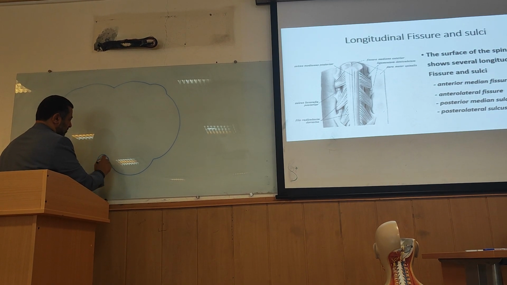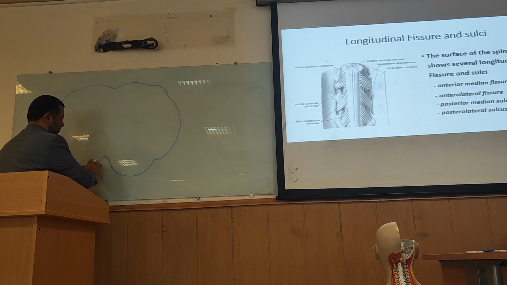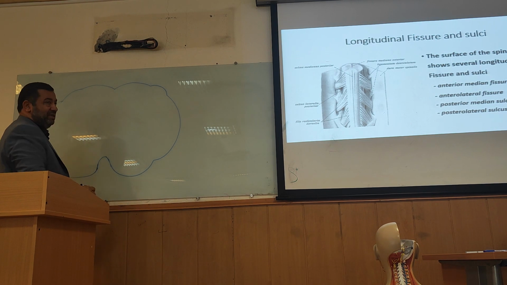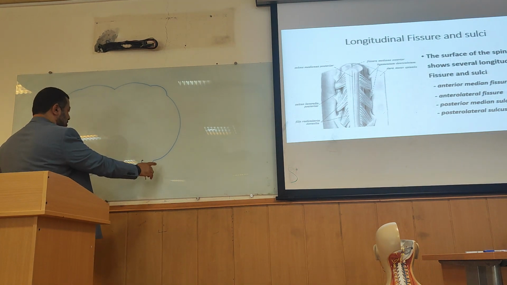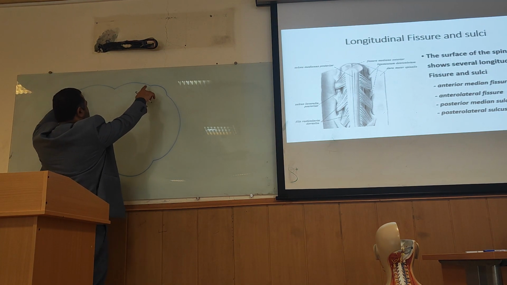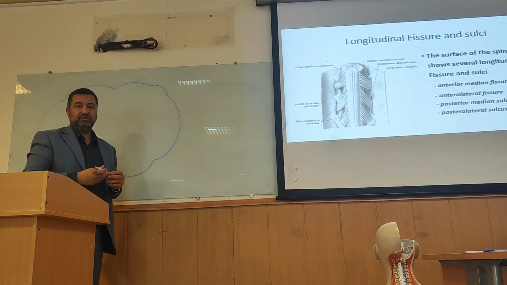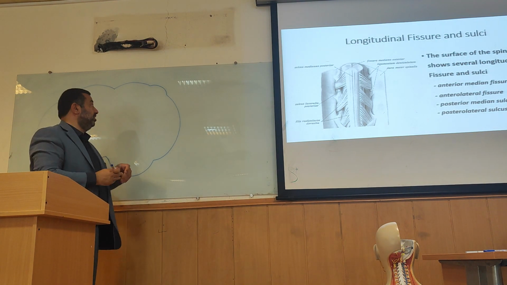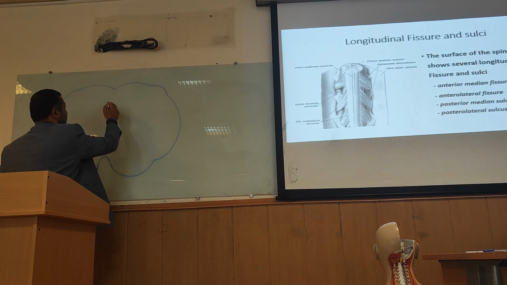Here is anterior median fissure. These are anterolateral sulci. These are posterolateral sulci, and these are posterior intermediate sulci. Yeah, and here is posterior median sulcus.